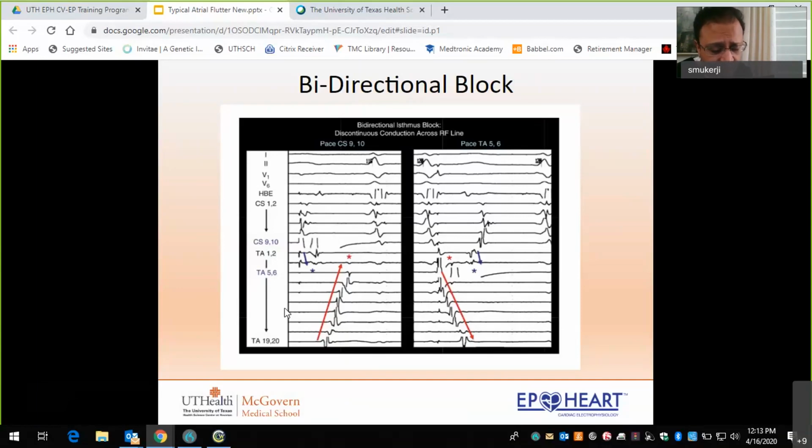Studies have shown that 120 milliseconds and above is what's needed, assuming that both those points are accurate anatomically speaking. Of course, we've done ablation long enough that we prefer the longer the block, it gives us more satisfaction. But truth be told, if you got a block of 120 or more, you're golden.